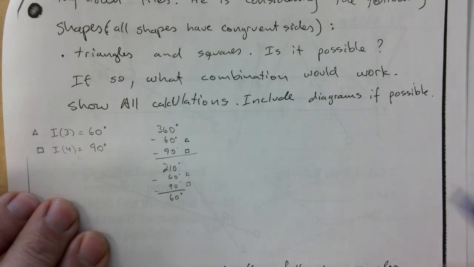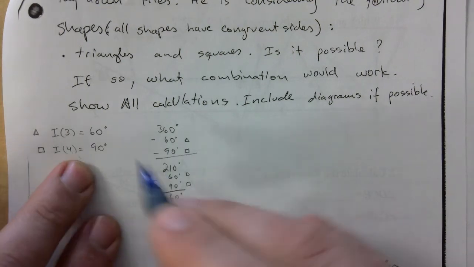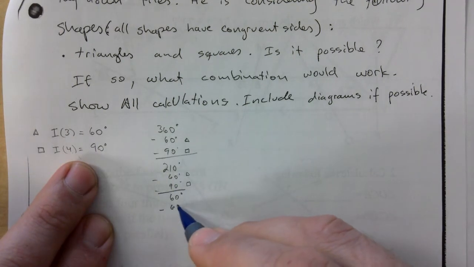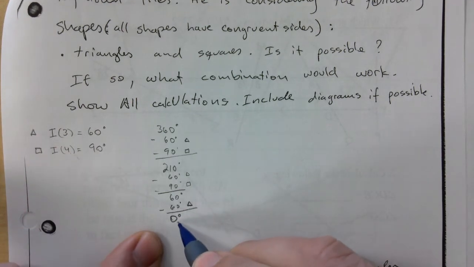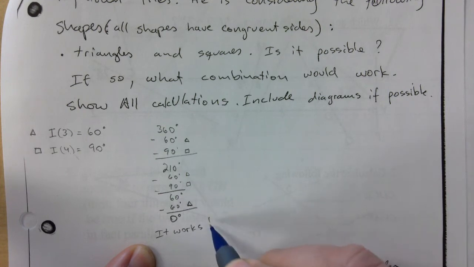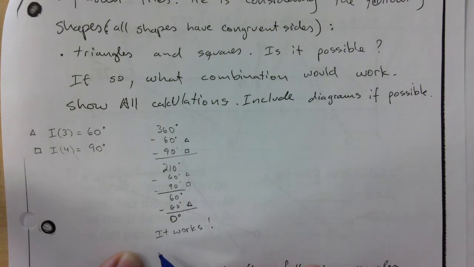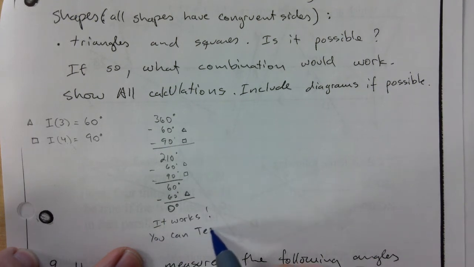Okay. And so the only thing that would bring this to 0 is to use another triangle, and then you get to 0. First of all, when you get here, it works. Because of the 0, you know that it works. You will tessellate, right? You can tessellate.